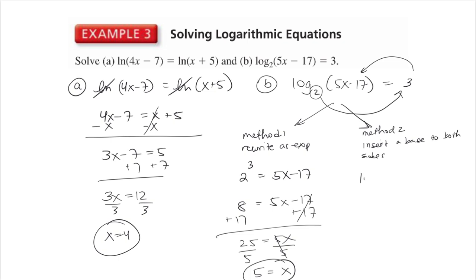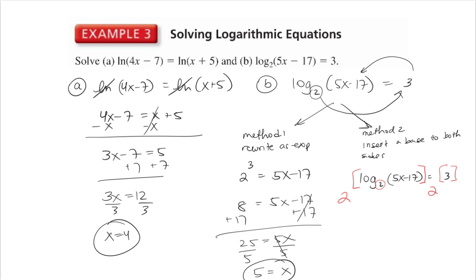So you started out here with log base 2 of 5x minus 17 equals 3. Well, what we're going to do is take this whole log and turn it into an exponent with a new base. And the base we're going to give it matches this base, 2. And we're going to do the same thing to the other side. We're going to turn it into an exponent. We're going to give it the same base, because whatever we do to the left, we do to the right.